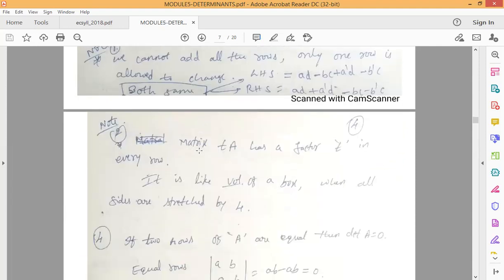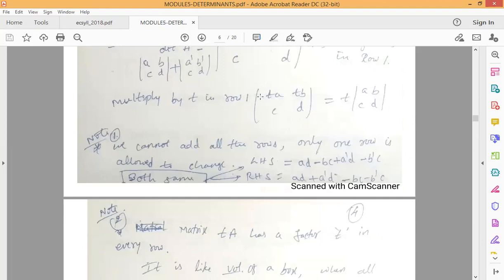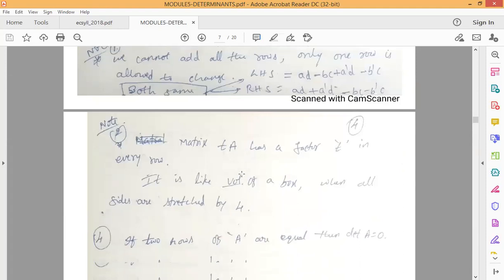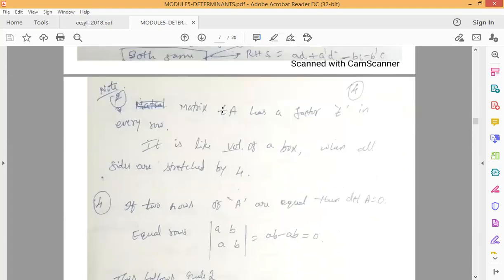And also the matrix T into A has a factor T in every row. Here we have shown the multiplication of the scalar value T with the first row, but when we write T into A, this T is going to be multiplied with all the elements of all the rows in the matrix.